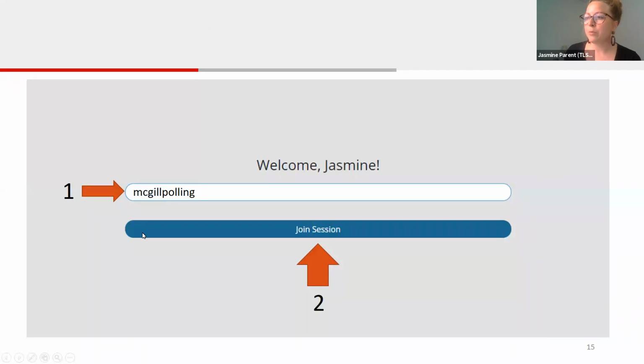This screen will pop up asking you to join the session ID. This is where you'd put the session ID, which is McGill polling in, and then join the session. If there is not a question on the screen, your screen is going to be blank, but as soon as a question does come up and the poll opens, the question will then appear on your screen. So don't be alarmed if you join and you don't see anything yet.